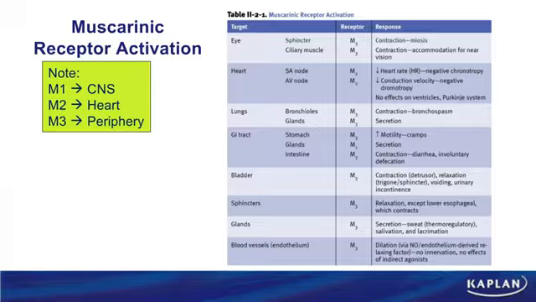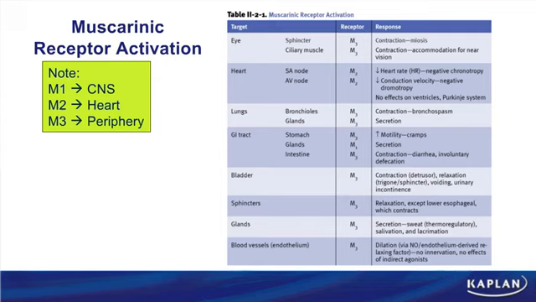Since this is a very important table, we look for ways to digest such a large amount of information. Here's the good news. Remember the exercise that we did earlier, where we talked about the eye and the heart and the lungs and the GI tract and the urinary tract? The first 5 parts of this diagram we've already looked at.